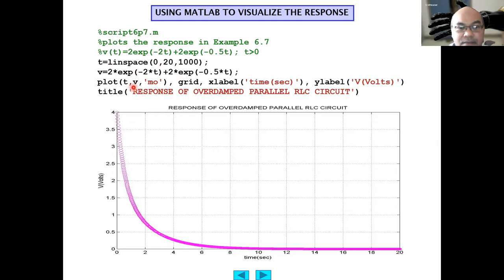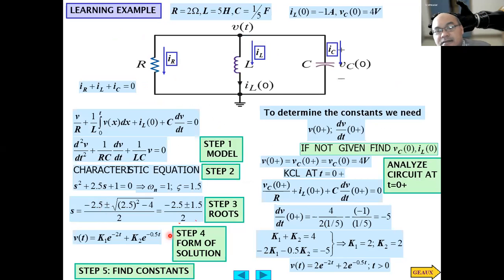Plotting here, the line is in magenta and the points are plotted as circles. So this is the response of the overdamped parallel RLC circuit, where zeta is larger than 1. Case number 1: overdamped.